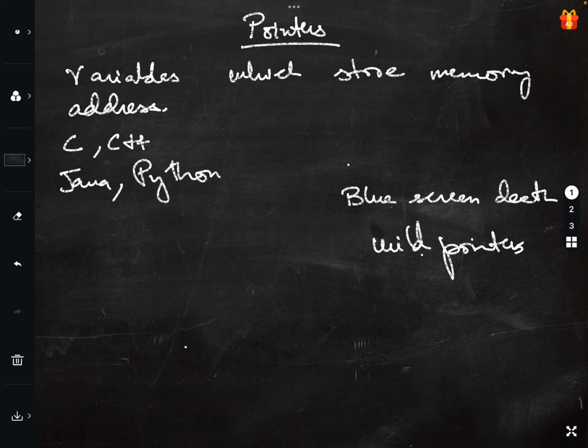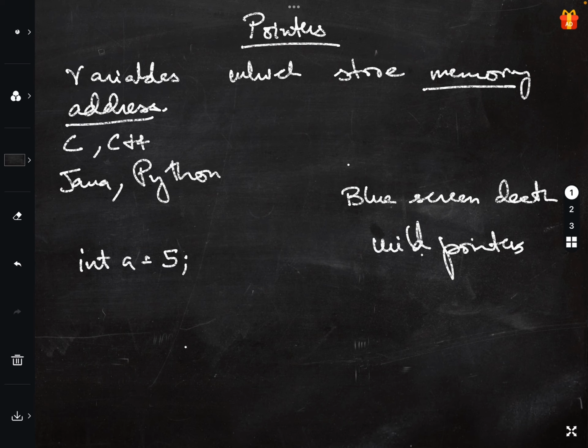As I said, it's basically a variable which stores a memory location. Before we understand what exactly a memory location is, first of all, when we write any variable like int a = 5, I'm writing this in C++ or C, because pointers are mostly used there.